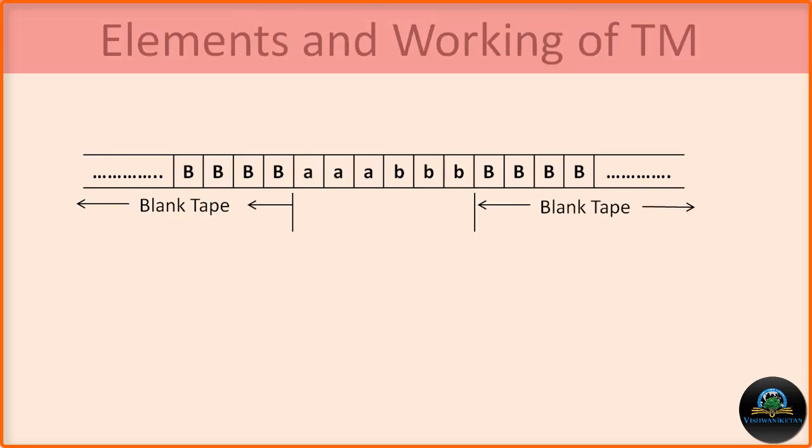Now we'll see the execution and the components of Turing machine. This is the one-dimensional tape, which is divided into a number of cells. Each cell is capable of holding one character or symbol at a time. You can see the tape is one-dimensional and infinite on both sides.